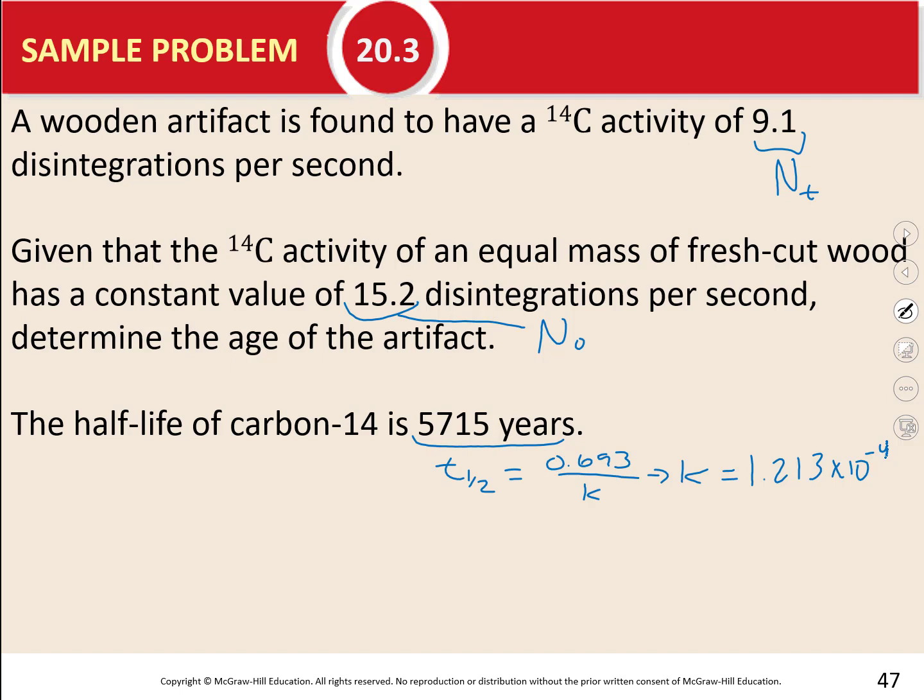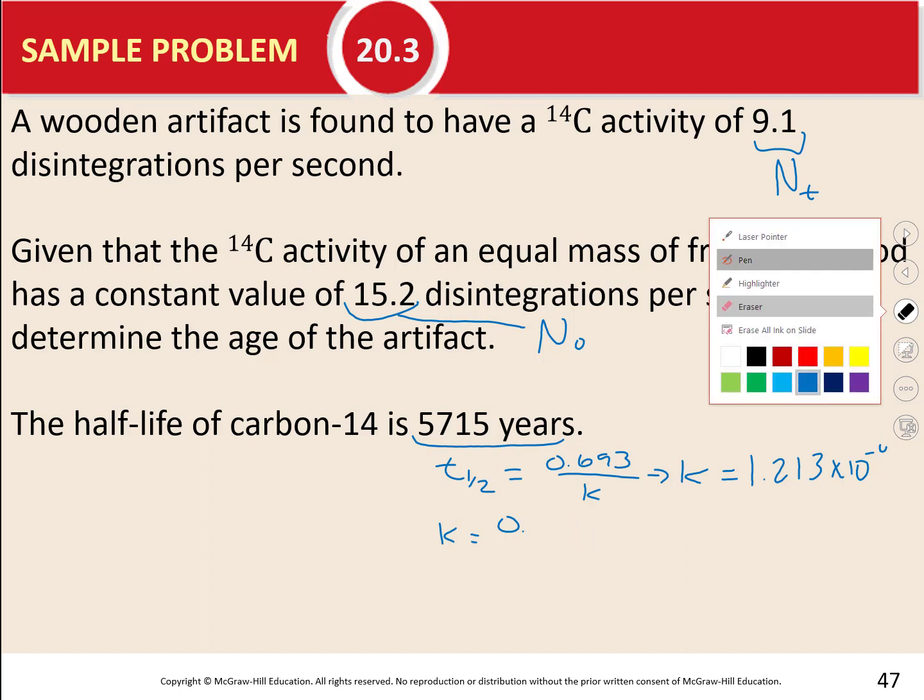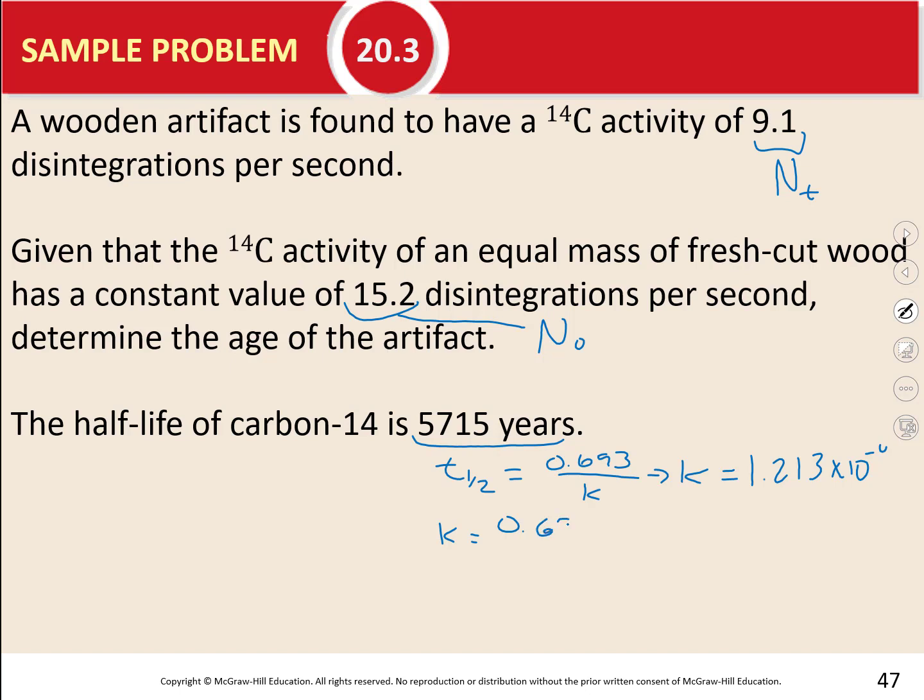If we rearrange this equation, we get that k is equal to 0.693 divided by the half-life. Our half-life was in what unit? Years. So what is our unit for k? Good. Years to the negative 1, or reciprocal years.